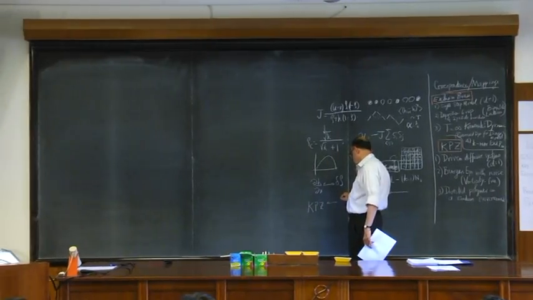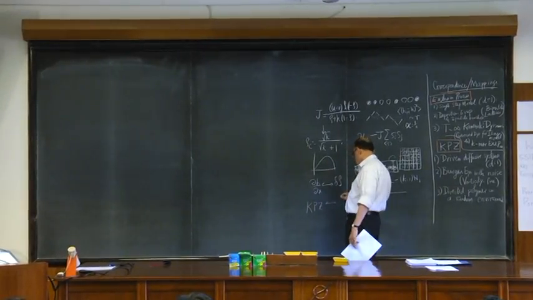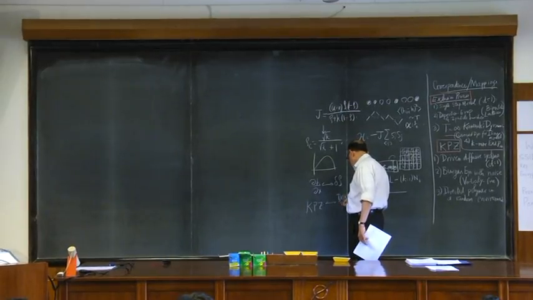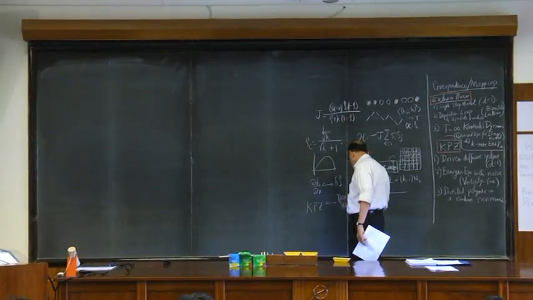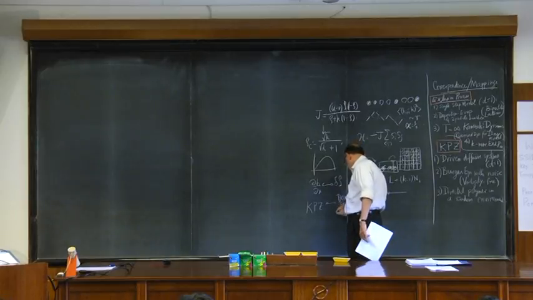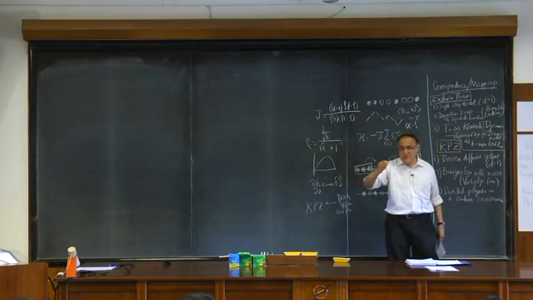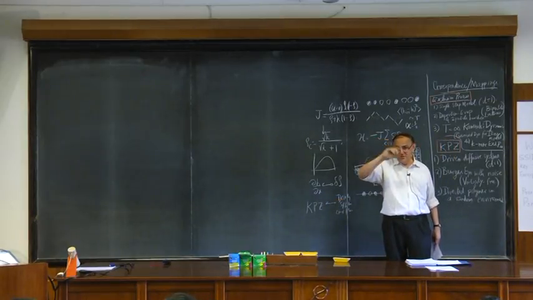So a driven system, current fluctuations. You know the expansion I mean. We wrote the continuity equation and then expanded that in terms of rho.